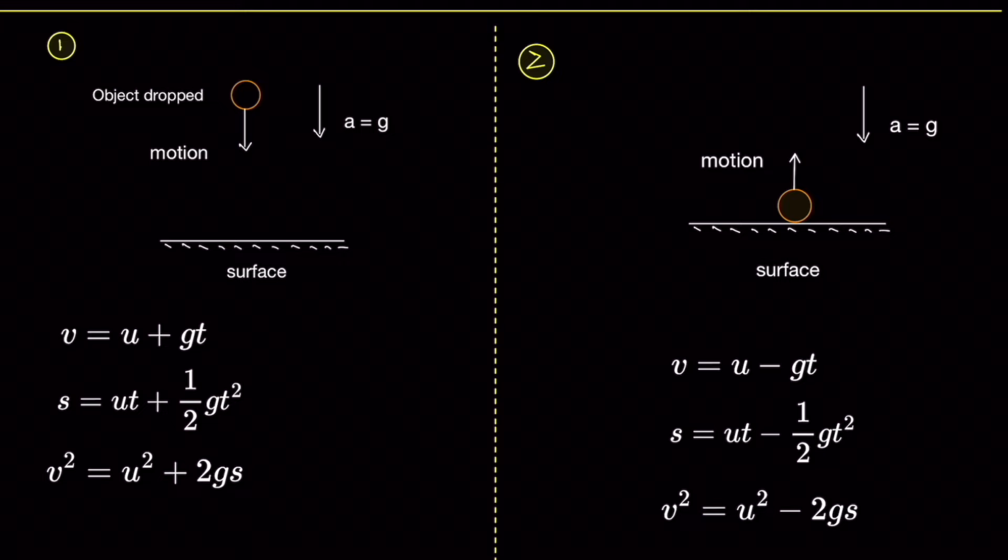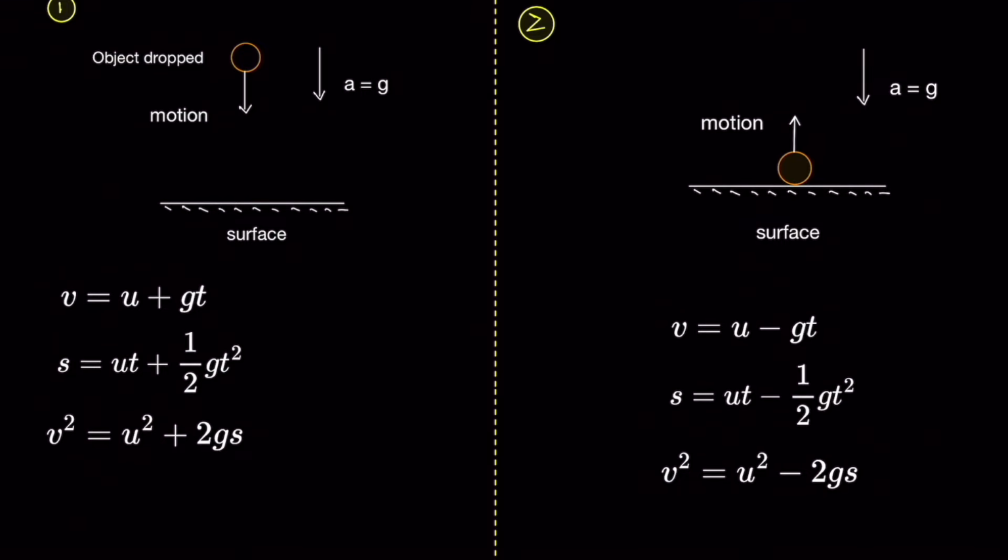So that's why in this case, acceleration is equal to negative of g. So v is equal to u minus gt, s is equal to ut minus half gt square, and v square is equal to u square minus 2gs. So according to the motion of the body, the sign of the acceleration due to gravity changes. So we'll solve a few questions based on this concept so you can understand it properly.